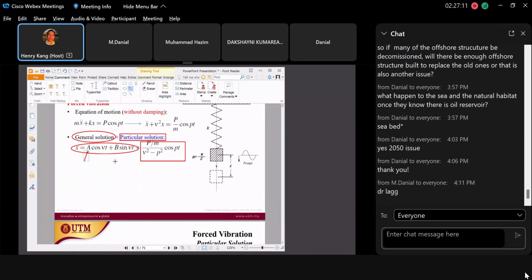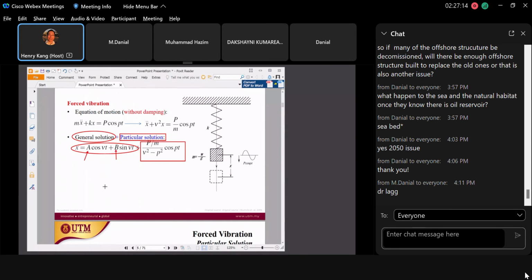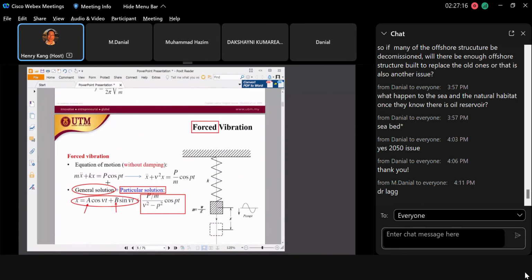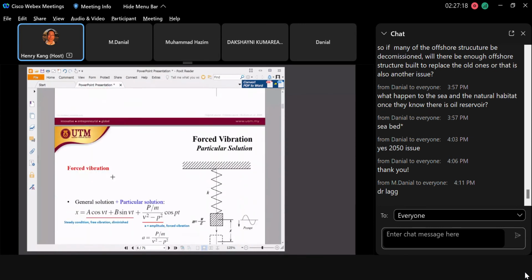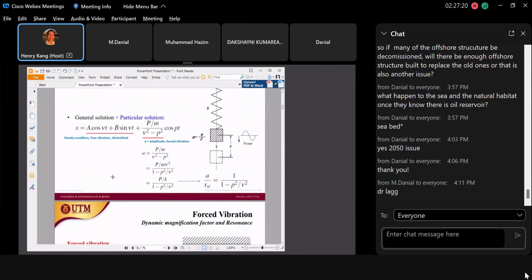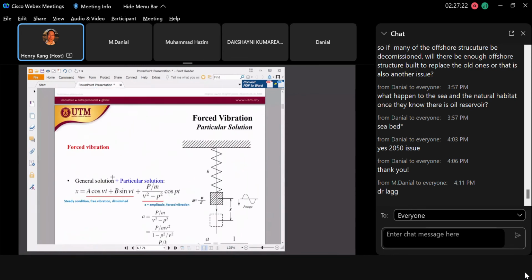Okay, so I just go very quickly on the concept. I don't want to make it confusing with the detailing of the concept, so I will go in a faster way.